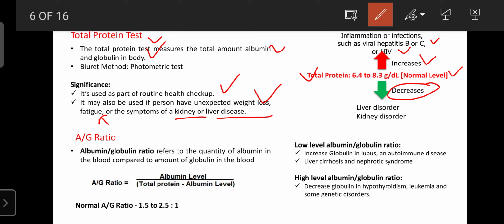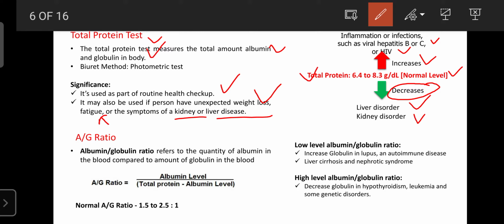If the total protein level decreases to less than 6.4, it is known as hypoproteinemia. It is caused in liver disorder as well as kidney disorder.